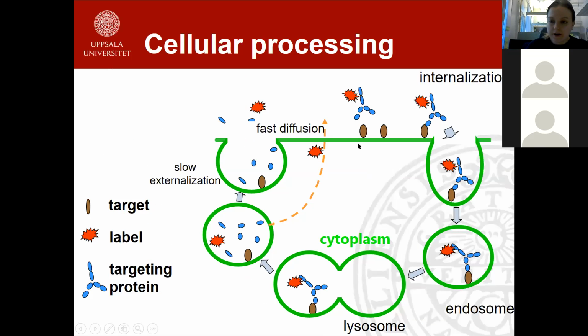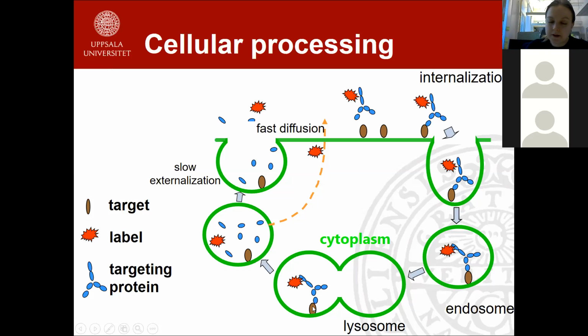Okay, so what happens after our radiolabeled protein binds to the receptor on the cell surface? Our radiolabeled protein goes inside the cell because there is a process of internalization. Generally, receptors undergo internalization, and this complex of receptor, protein, and radiolabel is inside the cell and is surrounded by a vesicle, which is called an endosome, which is then converted to a lysosome.